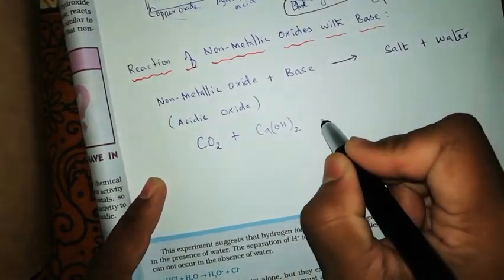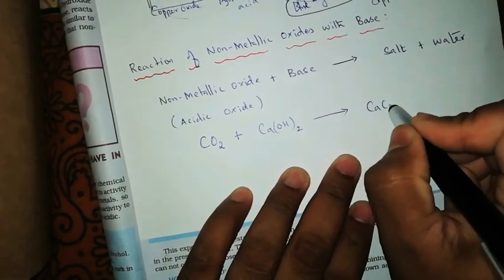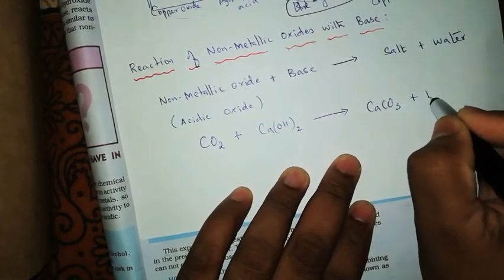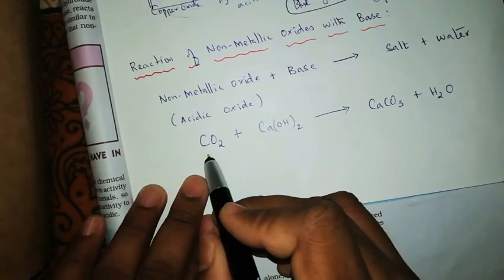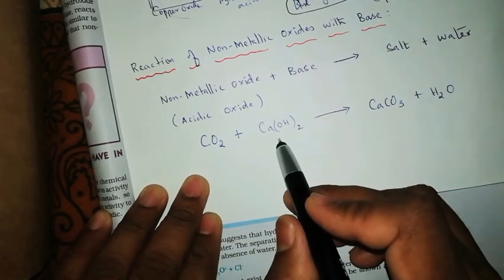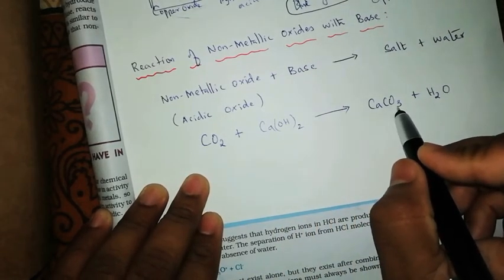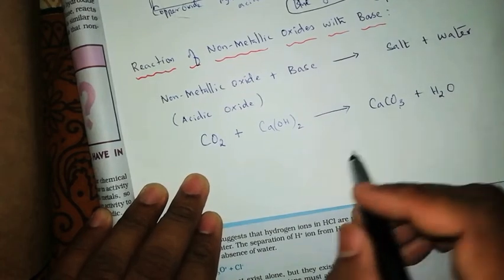So when these two combine together, we get calcium carbonate plus H2O. This carbon dioxide combined with calcium hydroxide gives calcium carbonate plus water.